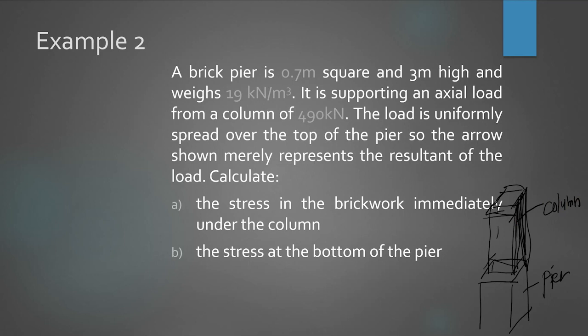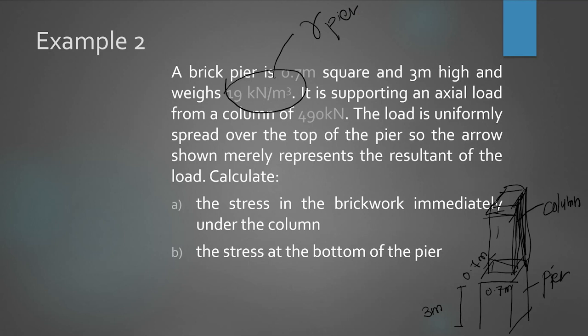Okay, so the pier size is 0.7 meter by 0.7 meter square and 3 meter high, and weight 19 kilonewton per meter cube. So if you see 19 kilonewton per meter cube, it is not the weight itself, it is actually unit weight. So this is the unit weight of the pier.